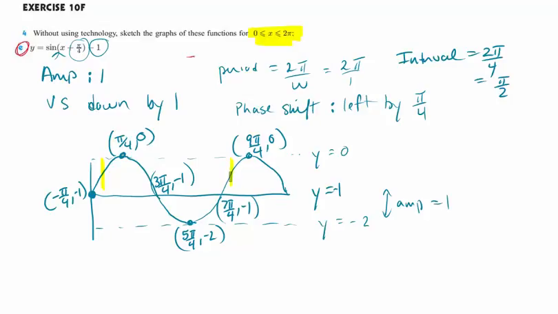So it's going to be halfway between 7 pi over 4 and 9 pi over 4. So the graph will be from here to here. All of this. Basically, it'll look like this, the highlighted part.